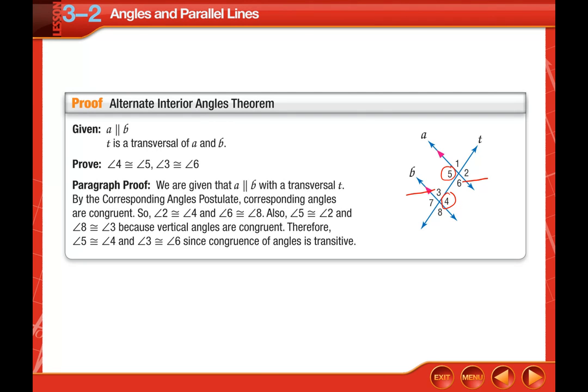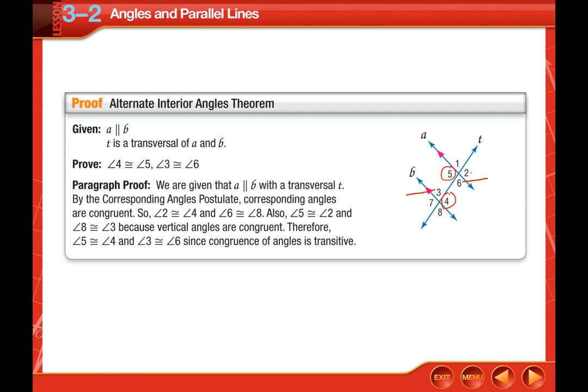So they give us a paragraph proof. We're given that A and B are parallel with transversal T. By the corresponding angles postulate, the corresponding angles are congruent.